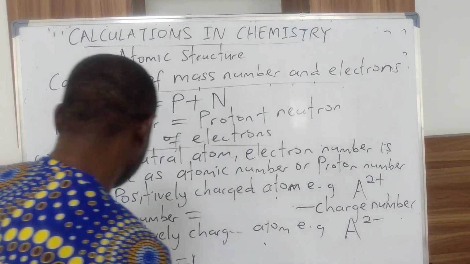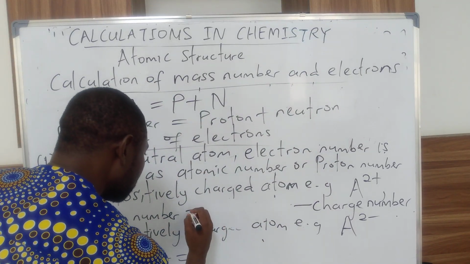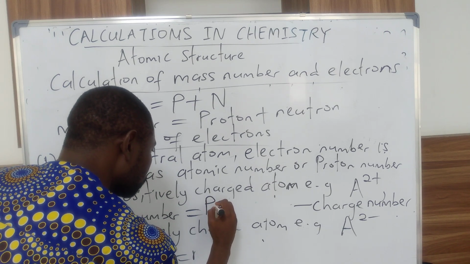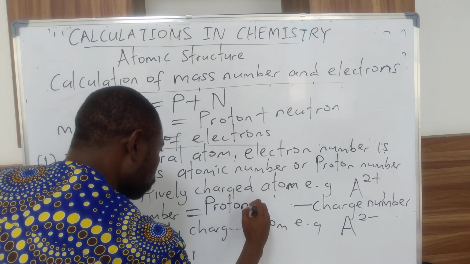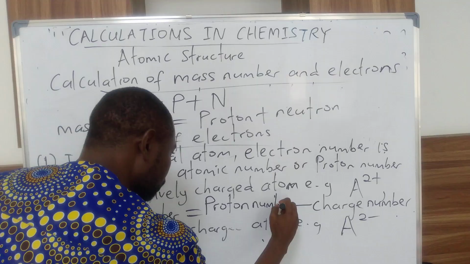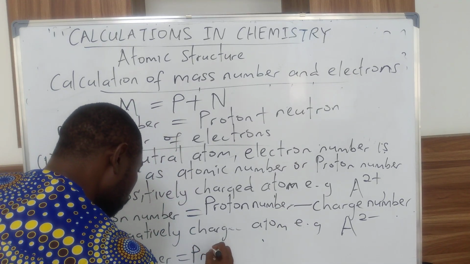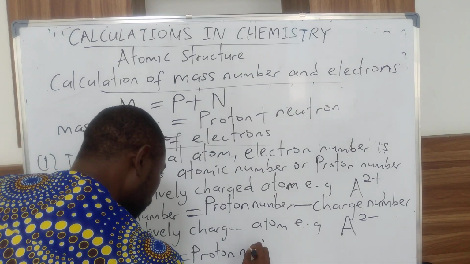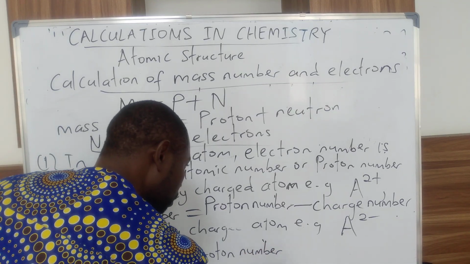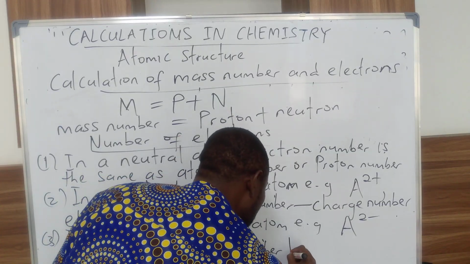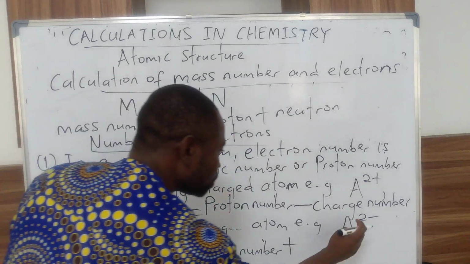Your electron number is the atomic number or proton number, not mass. Now, if it is negatively charged, instead of minus, we now do plus the charge number.